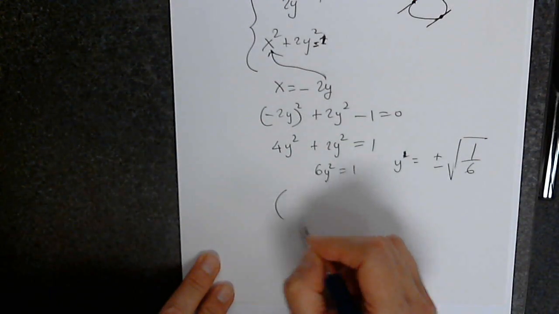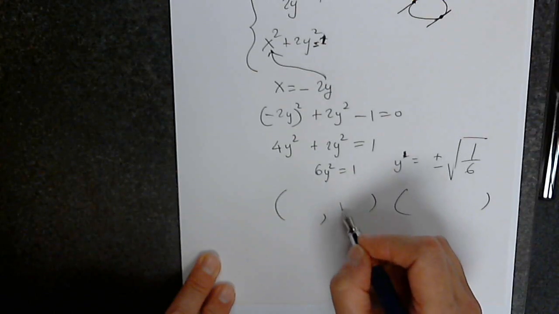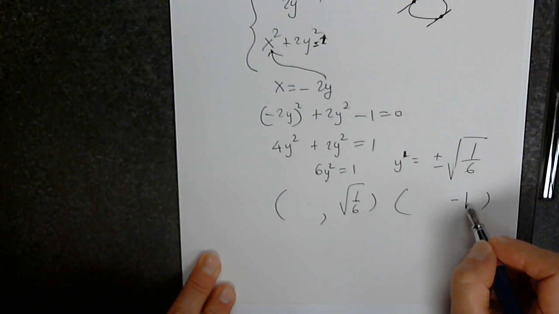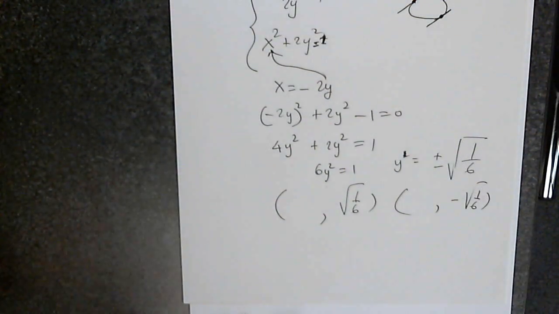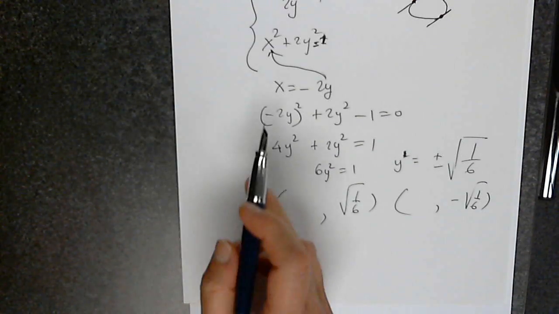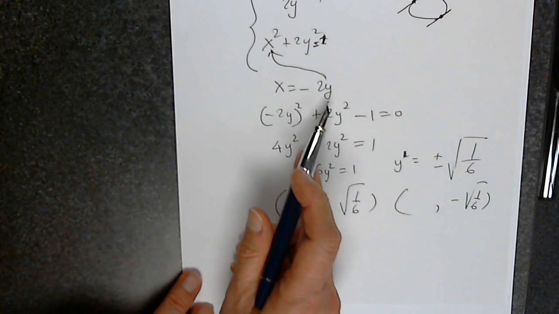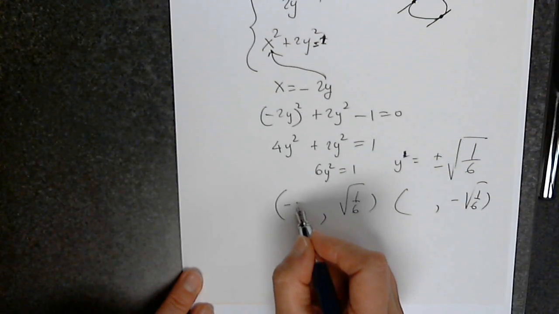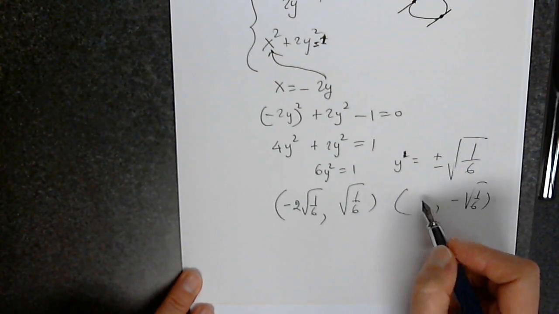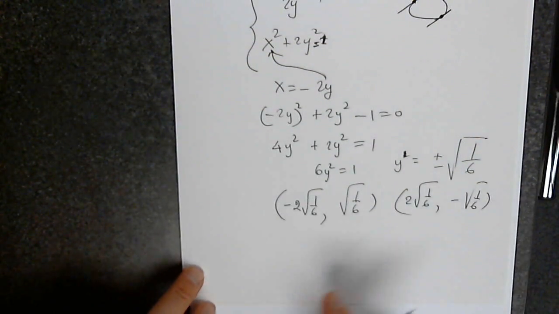So I'm asked to find those points. The square root of 1/6, negative the square root of 1/6. But x is negative 2y. So what I have to write is 2 the square root of 1/6, or positive 2 the square root of 1/6.